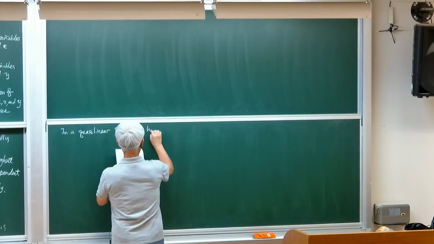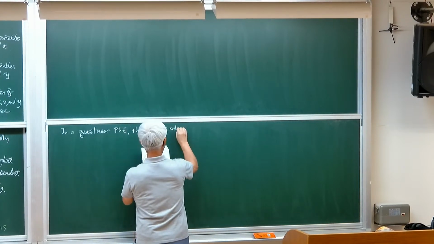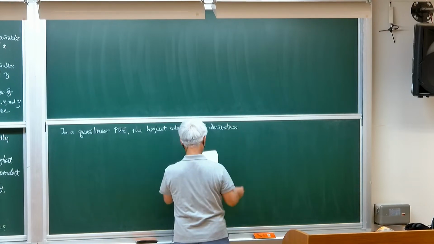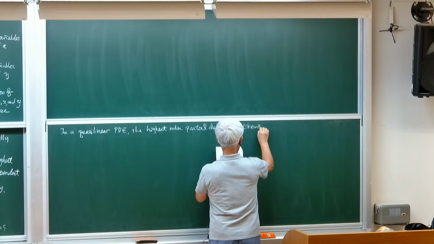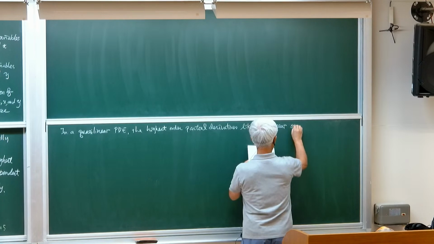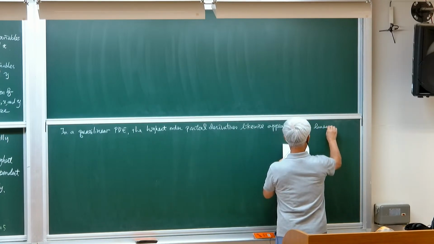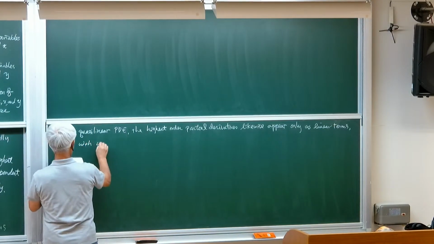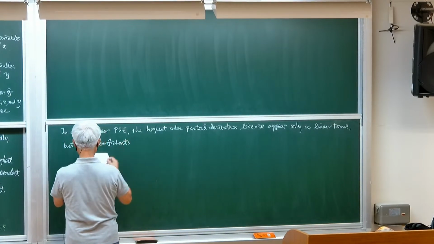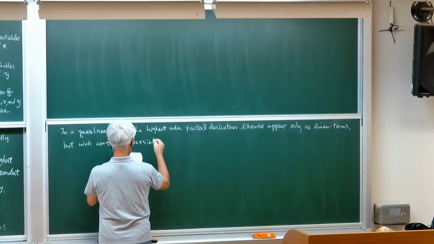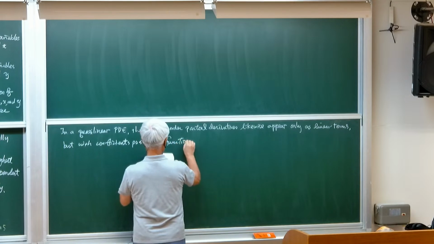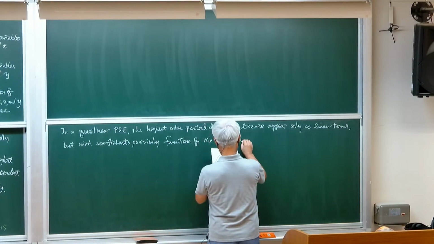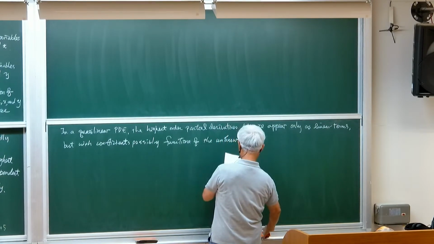In a quasi-linear PDE, the highest order partial derivatives likewise appear only as linear terms, but with coefficients, possibly functions of the unknown and lower order partial derivatives.